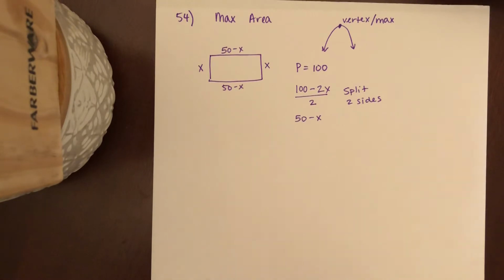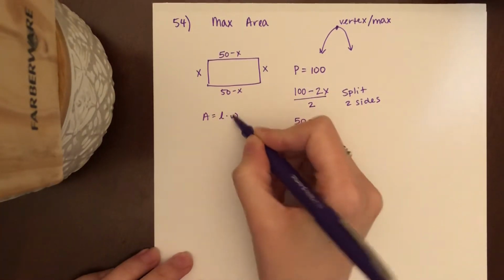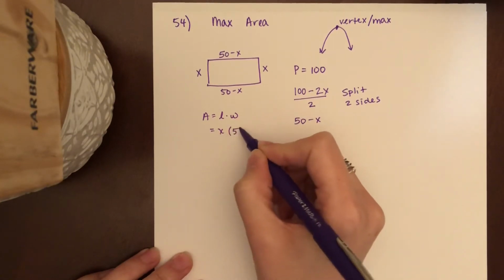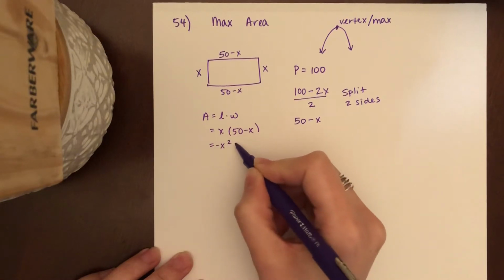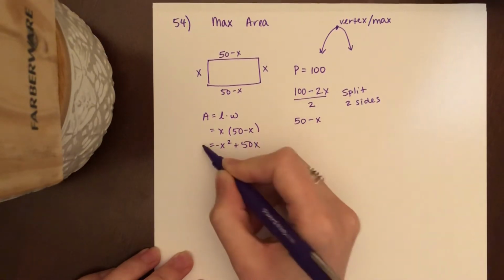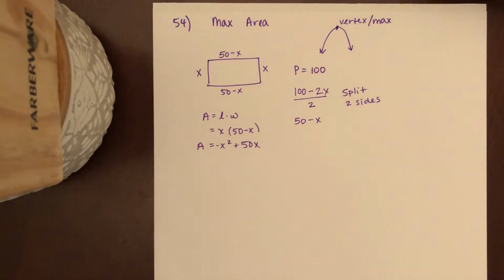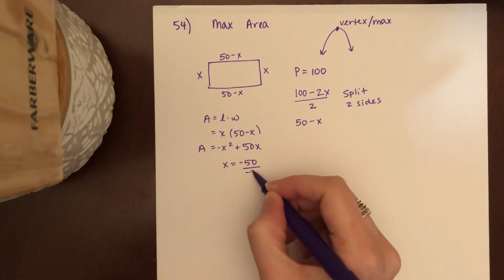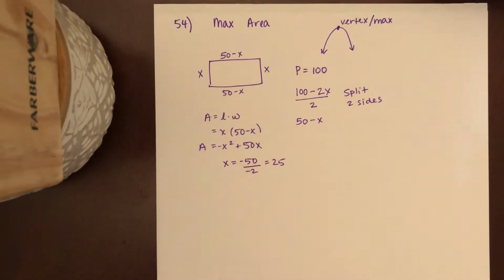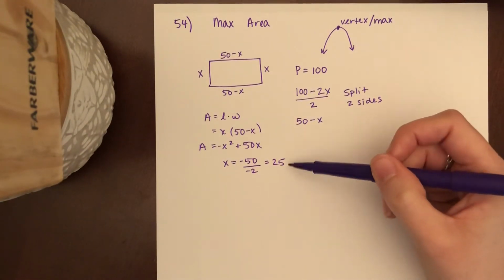Okay, once we have all of our dimensions, we can find the area, which is length times width. And once we have our function, we can find the vertex. Remember, this is just the x-coordinate, which really isn't what we want.